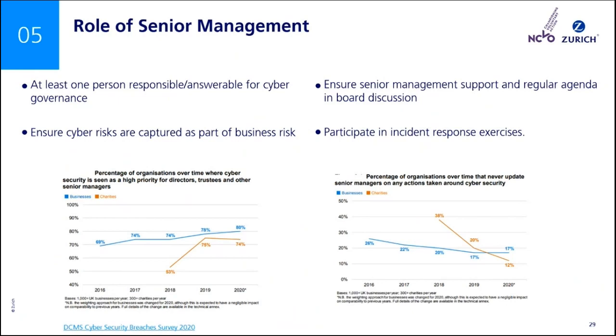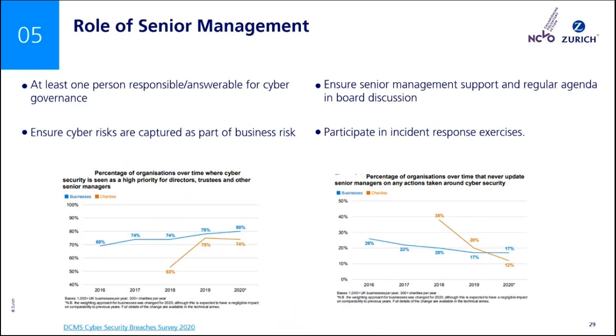So it is really important that at least one person in the organization is responsible or answerable for cyber governance. It can be your CFO, it can be your business director, but some person responsible for cyber governance. Ensure that senior management supports it and there is a regular agenda item in board discussions about cyber.